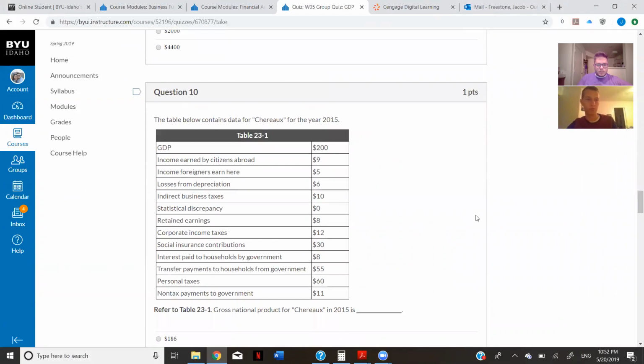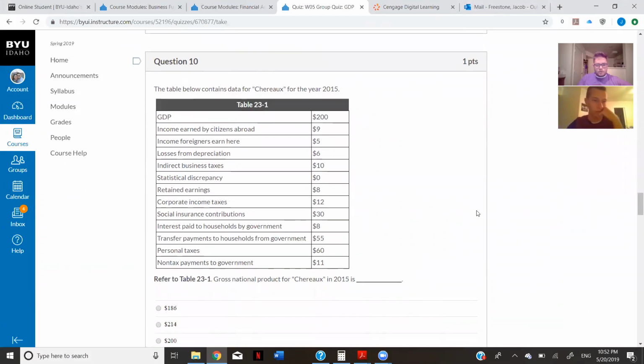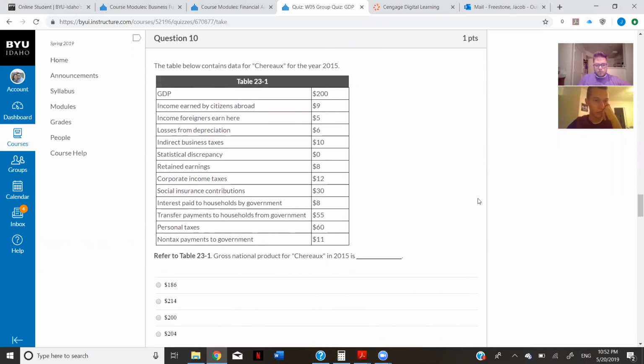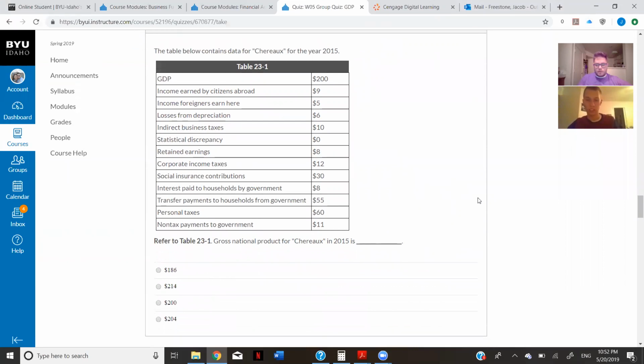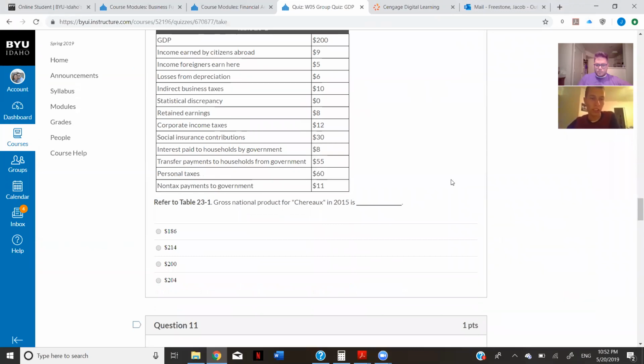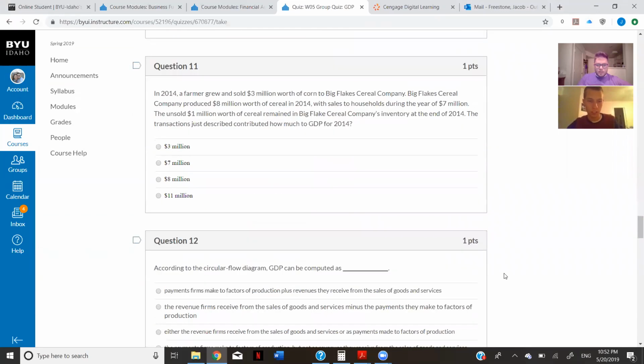And then the next one is the table below contains data for Shero. That's the one that we said was 204. Yes. You remember that? You found it? Okay, so that one was B. Moving on, halfway done.